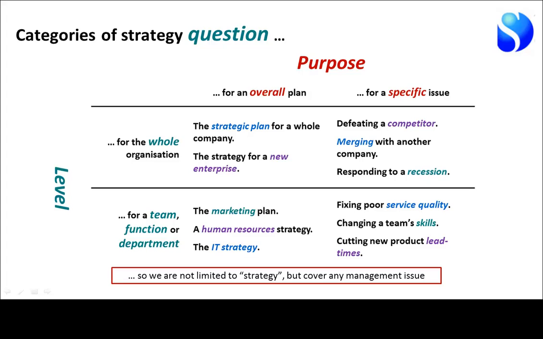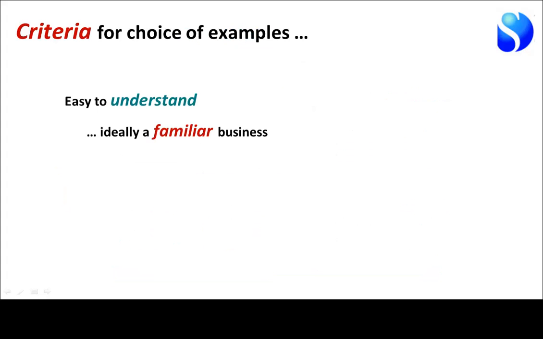You still, I think, should consider some of the following issues. Before we leave this side, let me just point out that that bottom row of examples there means that we're not strictly limiting ourselves to talking about things with capital S strategy. We're covering all kinds of management issues in all kinds of circumstances.